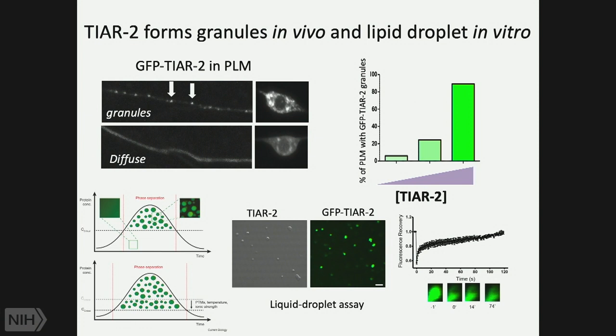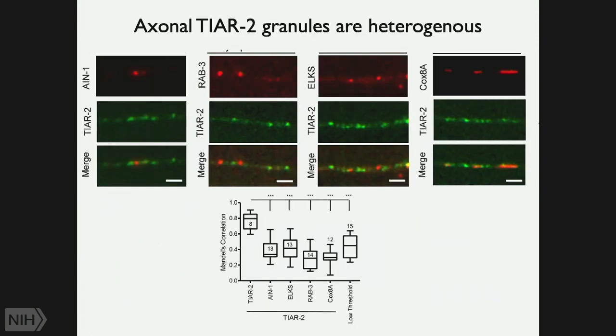And these TIAR-2 axonal granules are actually very different. Although in cell cultures, TIA protein has been considered a core component of stress granules induced by stress, in C. elegans axons we did extensive co-localization studies with other RNA granule factors, synaptic vesicle proteins, synaptic active zone proteins, as well as mitochondria.